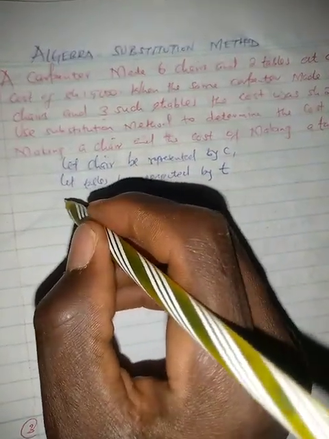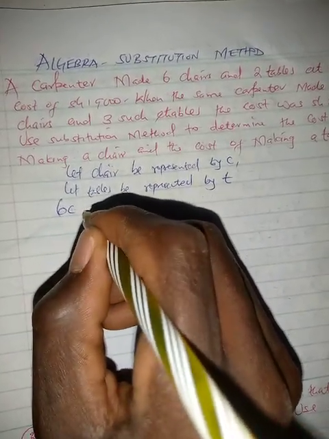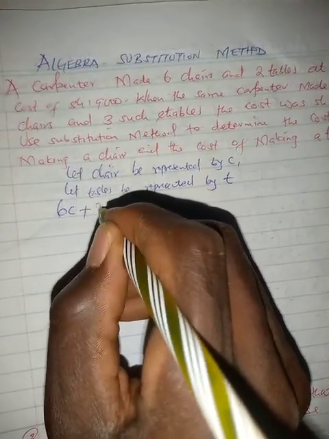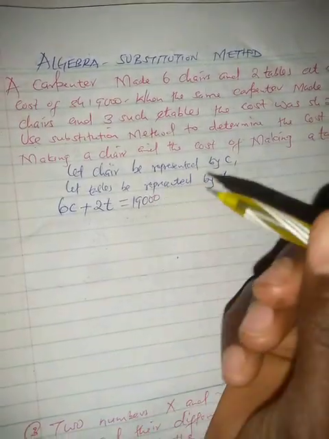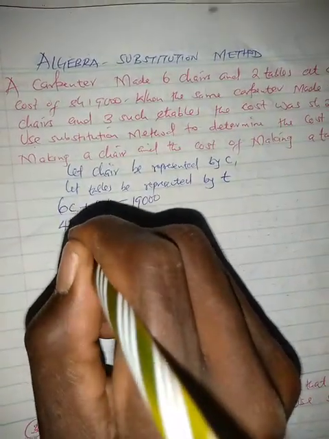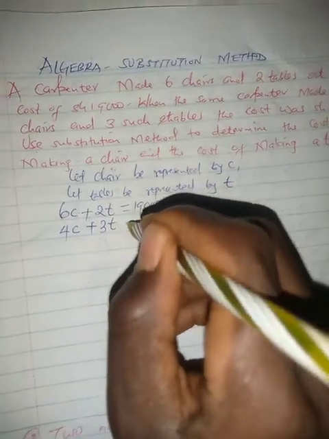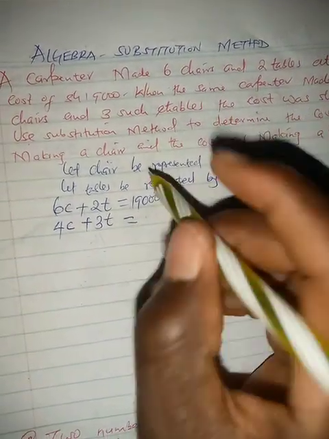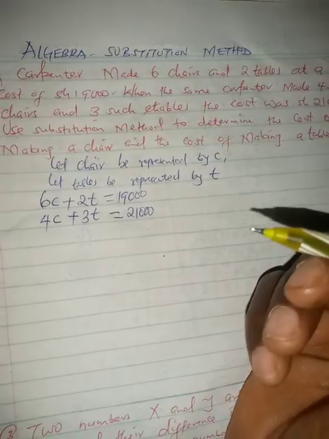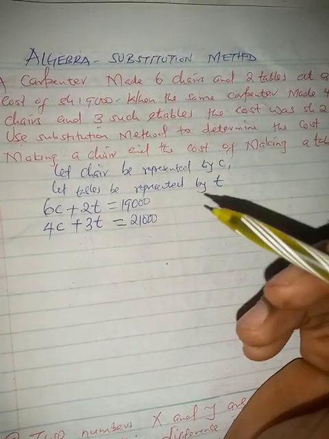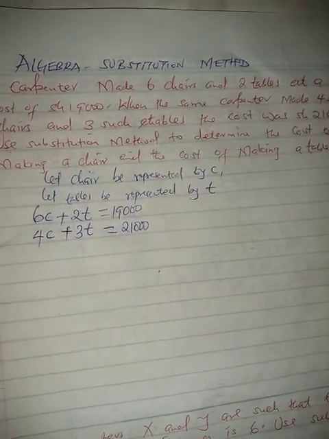The first one says a carpenter made 6 chairs represented by C, and 2 tables represented by T at a cost of 19,000. When the same carpenter made 4 such chairs, which is C, plus 3 such tables, the cost was 21,000. So you have been told to calculate the cost of one chair and the cost of making a table. That is the question.